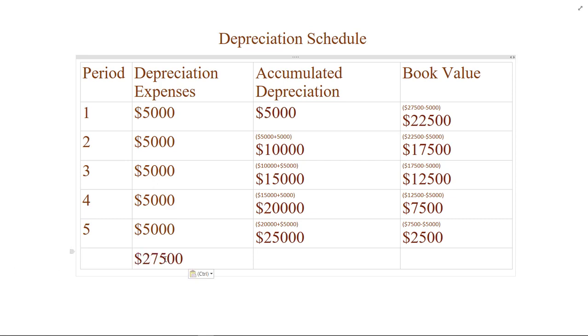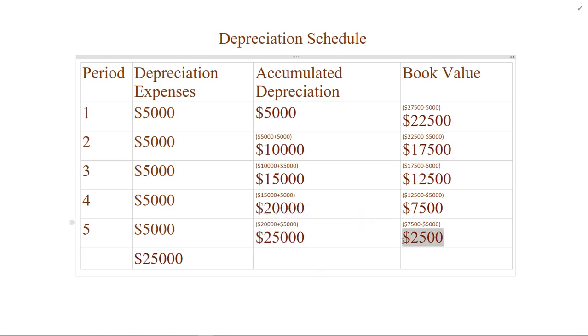The total depreciation expenses, the accumulated depreciation, is equal to 25,000, which is called the depreciable base as well.